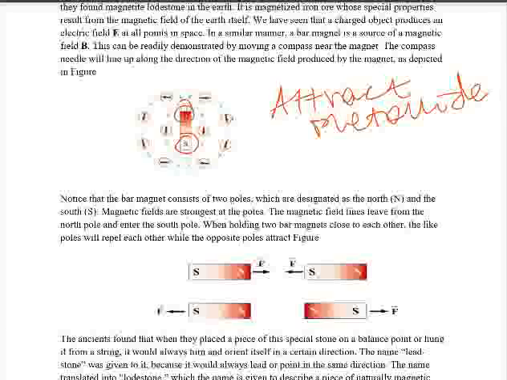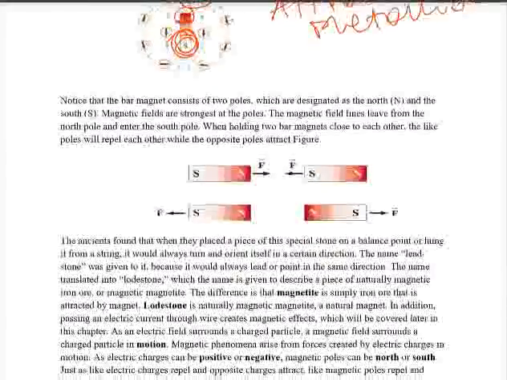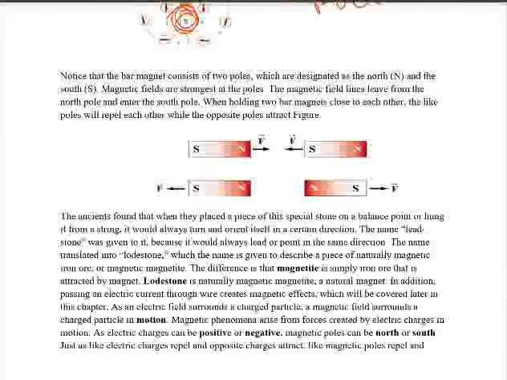Here we have north and south pole, therefore the field lines go out from north and in into what? The southern pole.